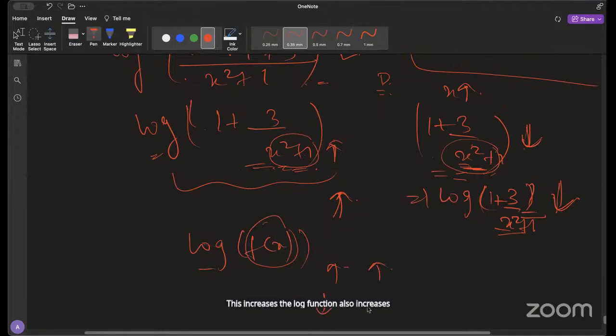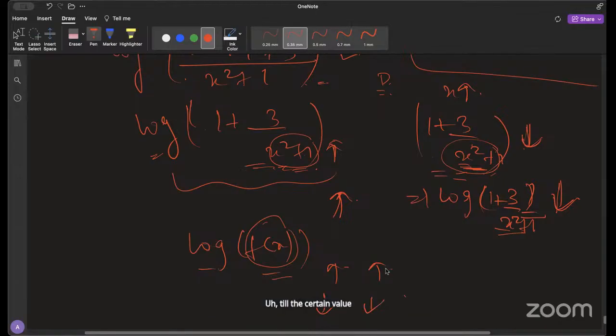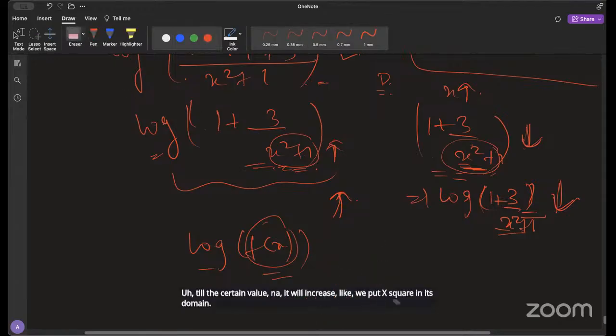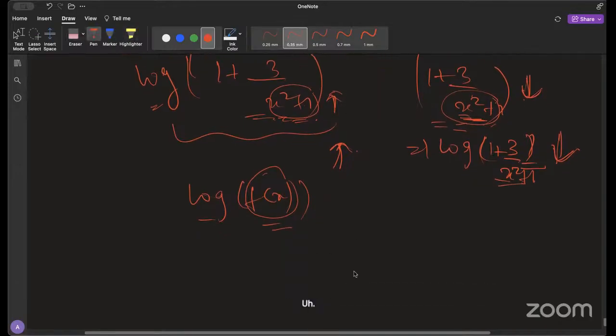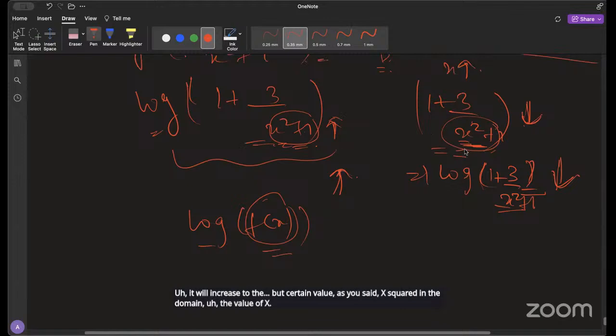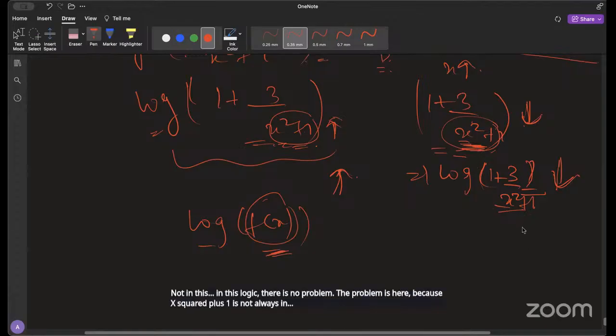If this decreases, the log function also decreases. It will increase till a certain value, like we put x square in its domain. Yes, because the problem is here, not in this logic. The problem is here because x square plus 1 is not always an increasing function.